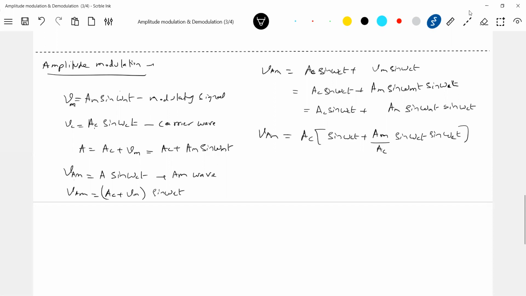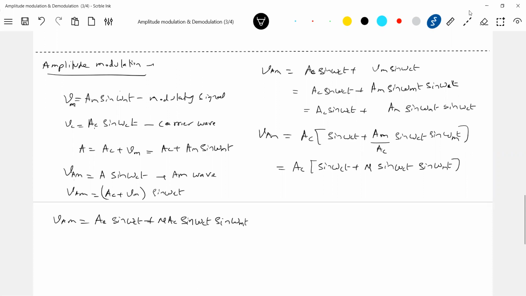So this quantity, let me call that as mu, called as modulation index. Sine omega ct omega m. I've just adjusted things. Now let me expand it. Mu AC sine omega ct.